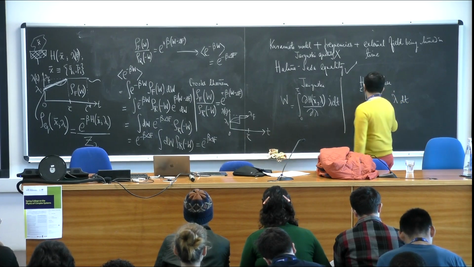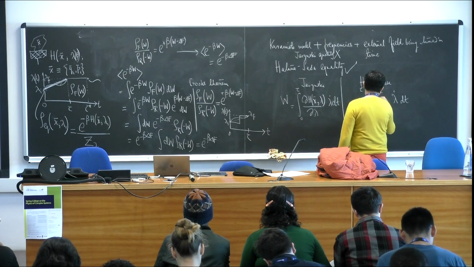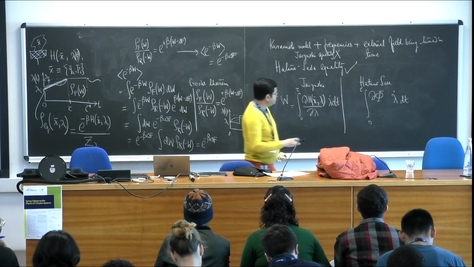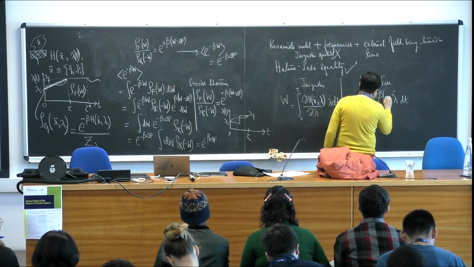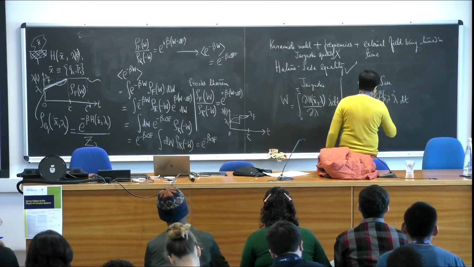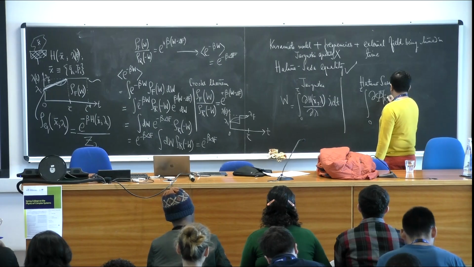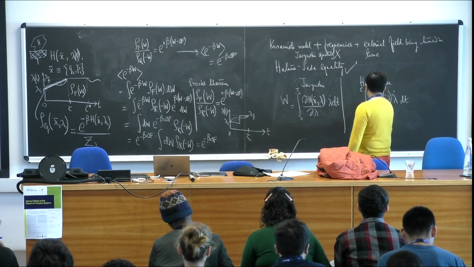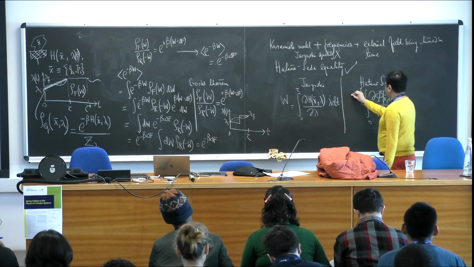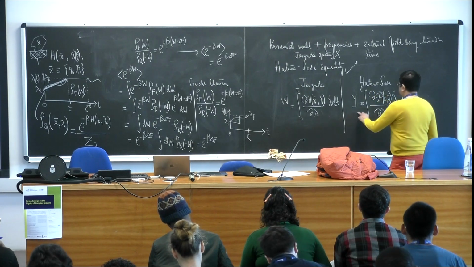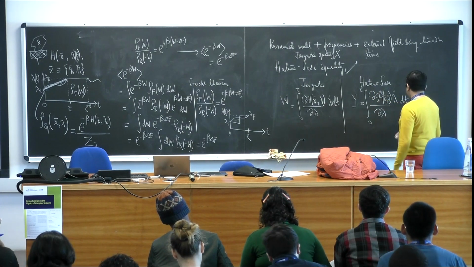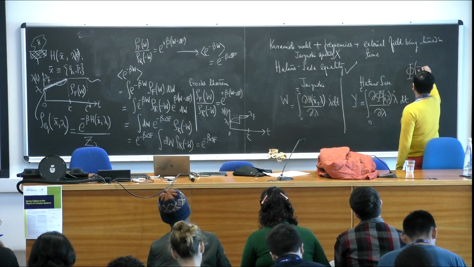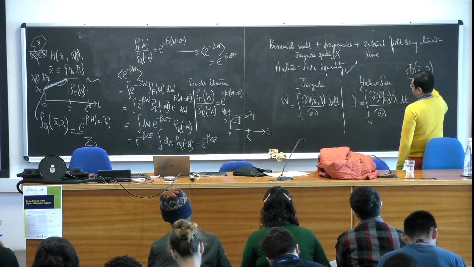Here you write a different quantity. I'm just copy pasting, and I call this Y. I better not call it W because I've done some magic here. What is this phi? Surely it's not the Hamiltonian.